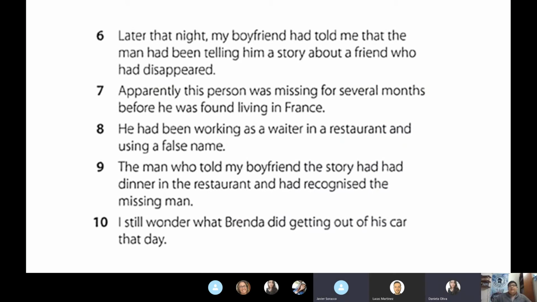The man who told my boyfriend the story had dinner in the restaurant and had recognized the missing man. In this sentence, you have to think about an action in progress interrupted by another in the past.